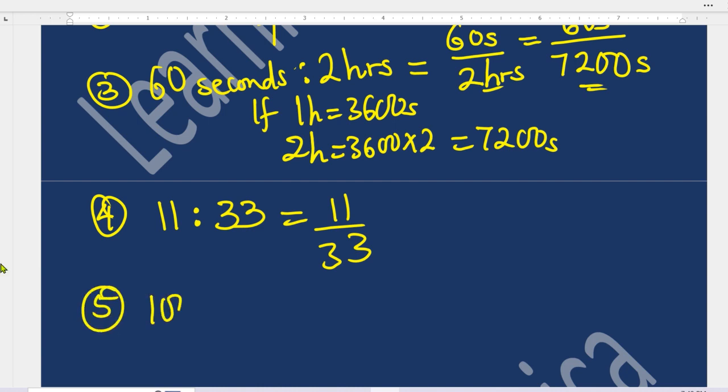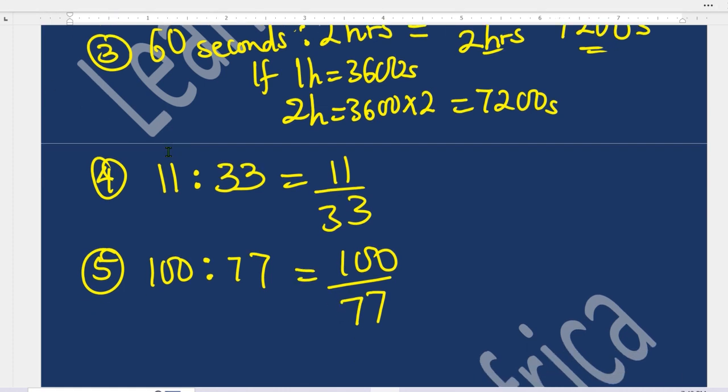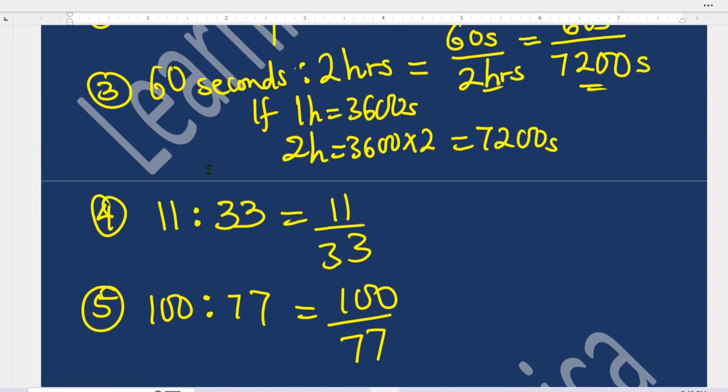So if we have 100 is to 77, write it as a fraction, that will be 100 over 77. So this is how to express ratio as fraction. I hope you have written all these down.